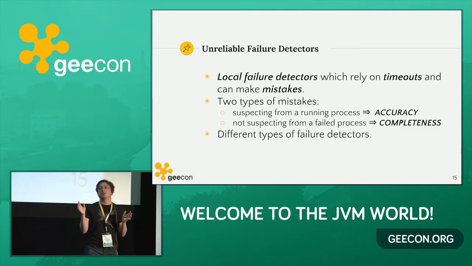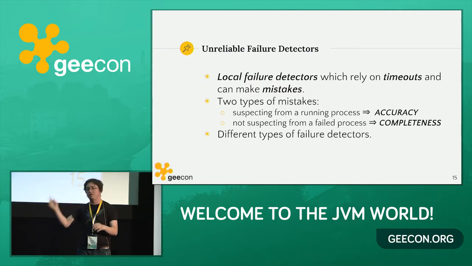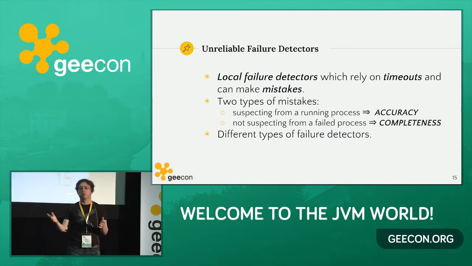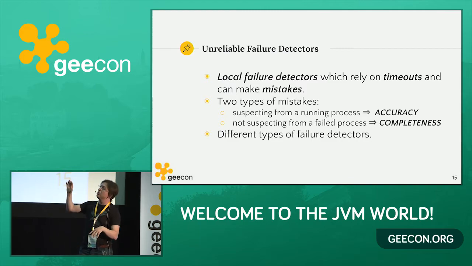The idea is these local failure detectors are there so that our systems can pretend to work in the synchronous mode, and as long as they give us sufficiently accurate information for a sufficiently long amount of time, our algorithms can do useful work. And as I said, they can make mistakes.